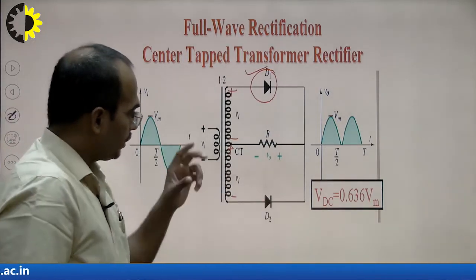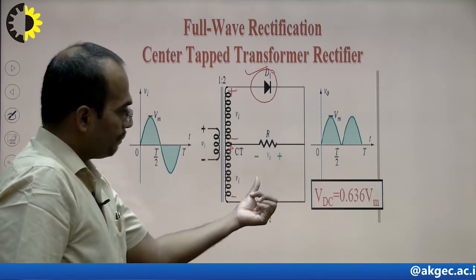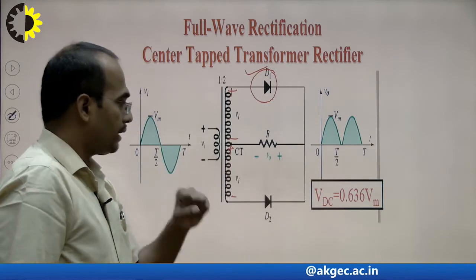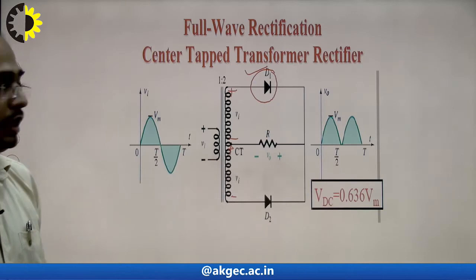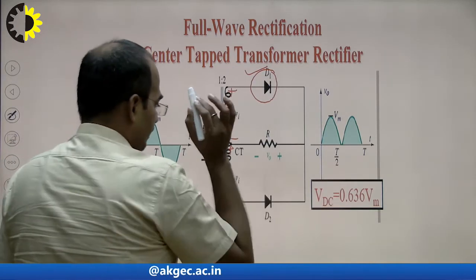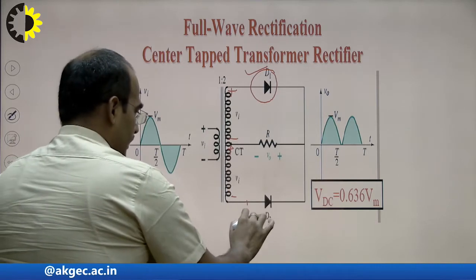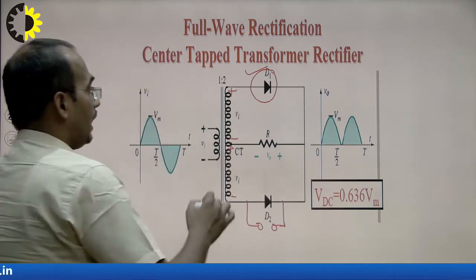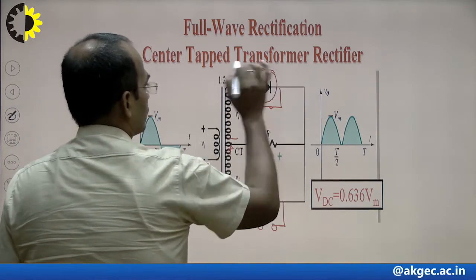For diode D2, the P side is connected to the negative terminal of the battery and the N side is connected to the positive terminal, which makes this diode reverse bias, and it will behave as an open circuit. So I can replace this by an open circuit and I can replace the other diode by a short circuit.